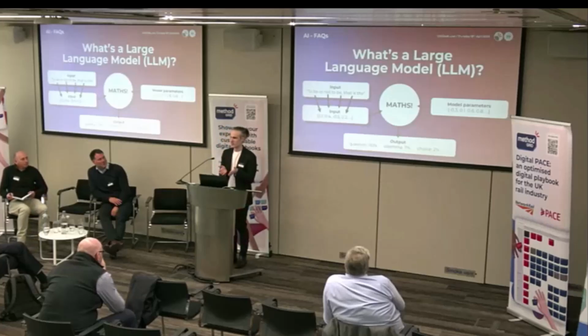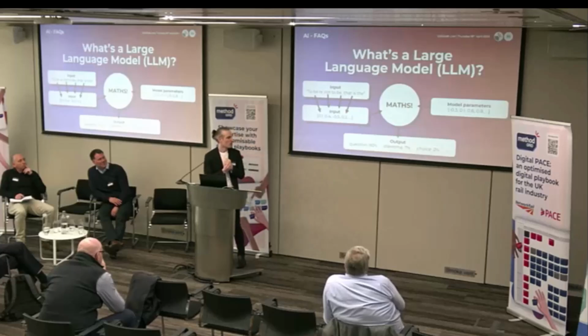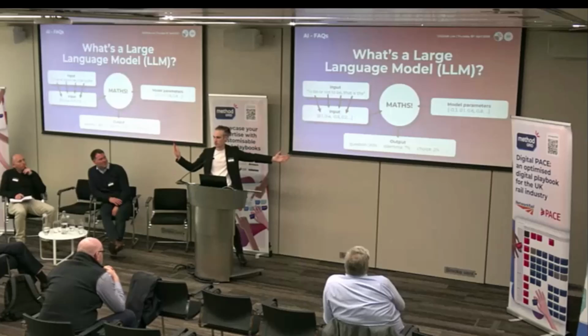I'm not going to get into details of the maths, but it's surprisingly not as complicated as you'd think. If you ever want to look it up, do. But the output of all of this is some more numbers. In this case, it's probabilities for what the next word of a sentence is.